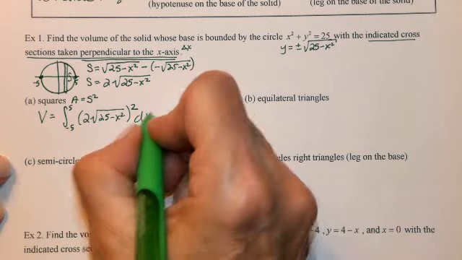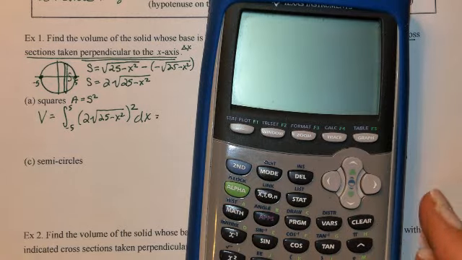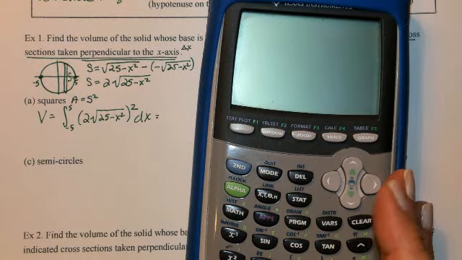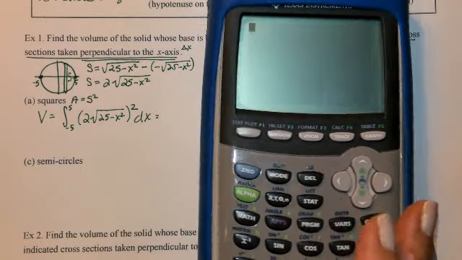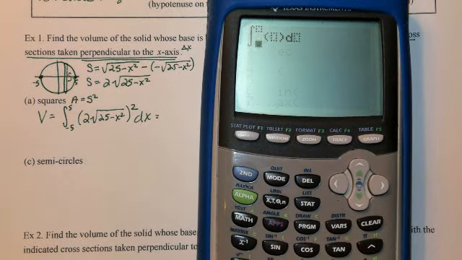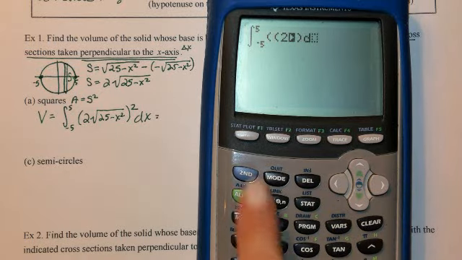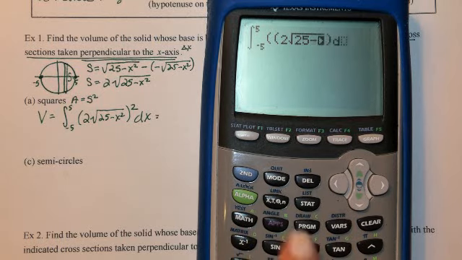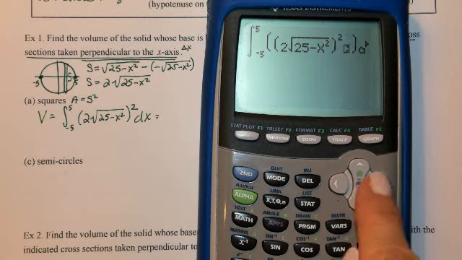Okay? Let's see what that gets us. We're going to just use our calculator for these. Again, we could do this by hand, but we're just using our calculator to save some time. This is from yesterday. So math 9, -5 to 5 of, parentheses, 2 square root 25 minus x squared, close parentheses, square the whole thing, dx.